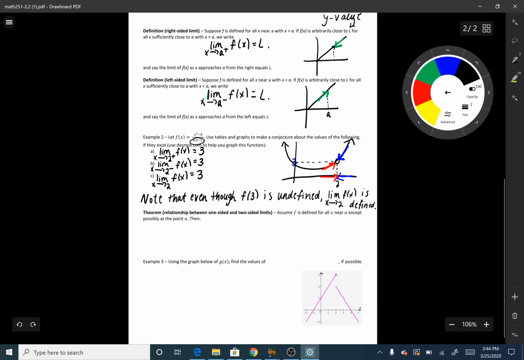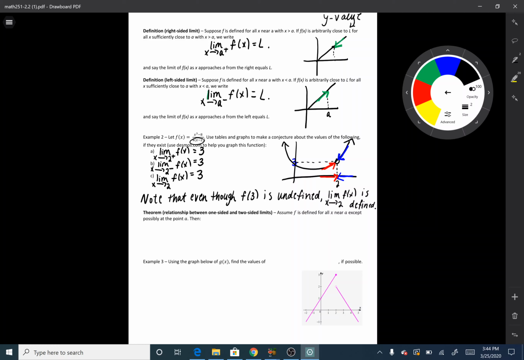So we kind of have this theorem that we've been using in part C of this problem, and now we are going to state it explicitly. So this is the relationship between one-sided and two-sided limits. So assume f is defined for all x near a except possibly at a.